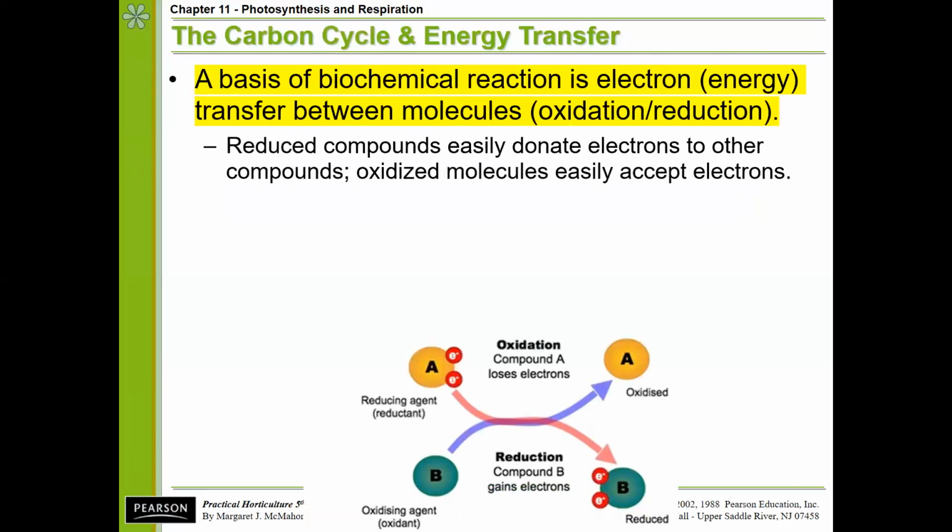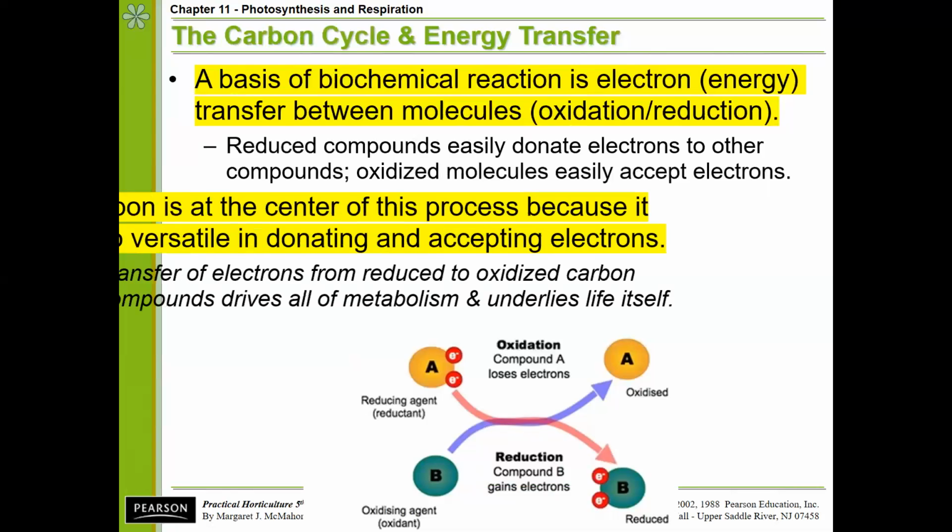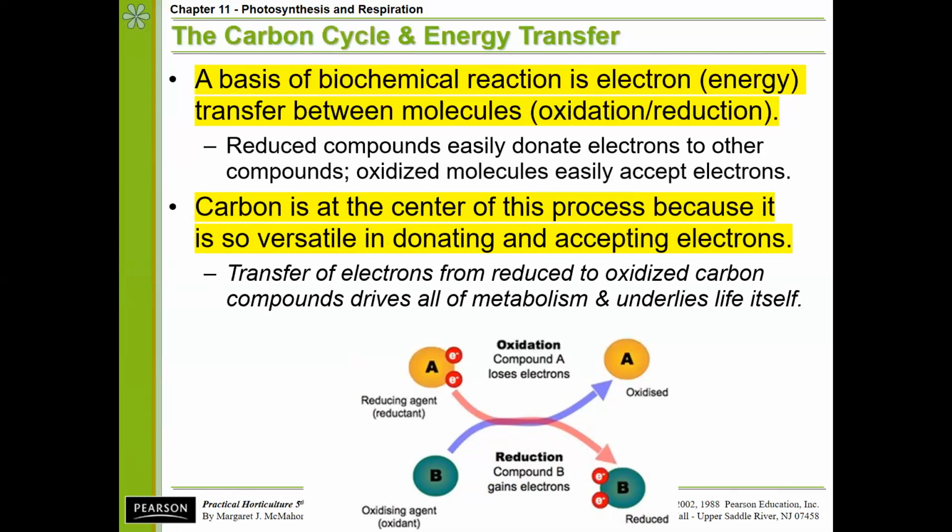It's the basis of a biochemical reaction in which the electron from one element or molecule is exchanged with another molecule. And we call these oxidation-reduction reactions, or redox reactions. And the basis here is that reduced compounds donate electrons to other compounds. I put a little picture in there for us to refer back to.